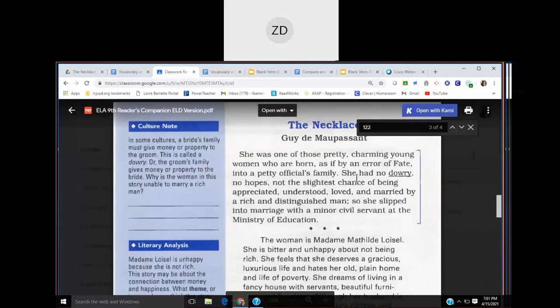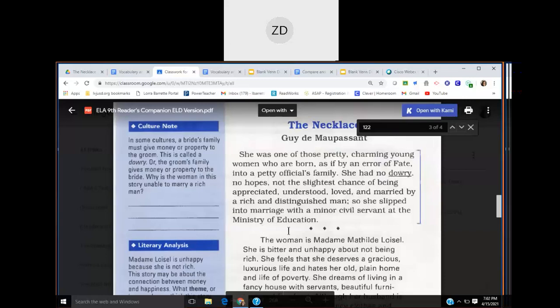She had no dowry, no worry, no hopes, not the slightest chance of being appreciated, understood, loved, and married by a rich and distinguished man. So she slipped into marriage with a mere civil servant at the Ministry of Education.